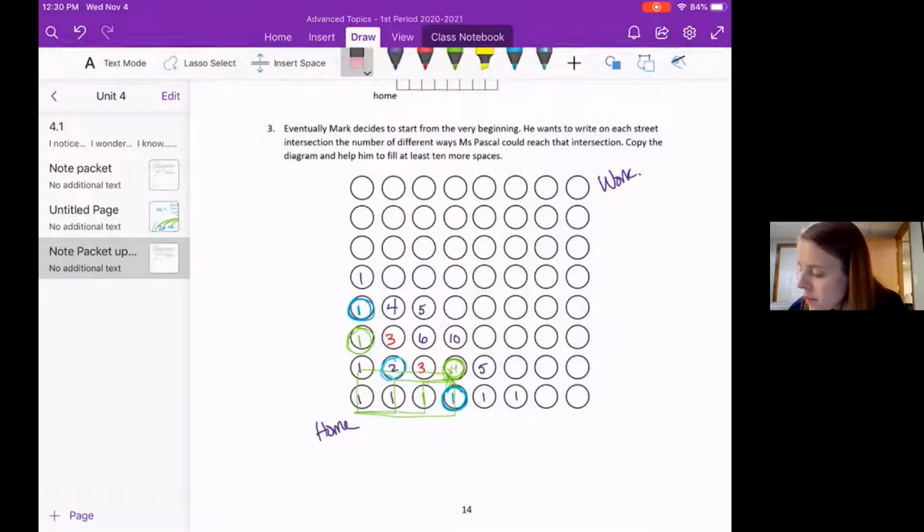Oops, I made a mistake. There we go. So hopefully you tried a few of those paths yourself, but there should be a variety of different ways to reach each of the intersections.